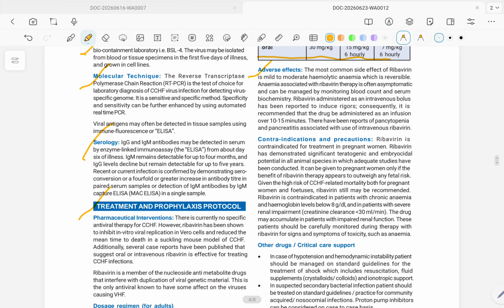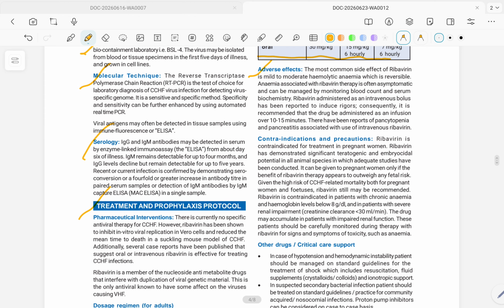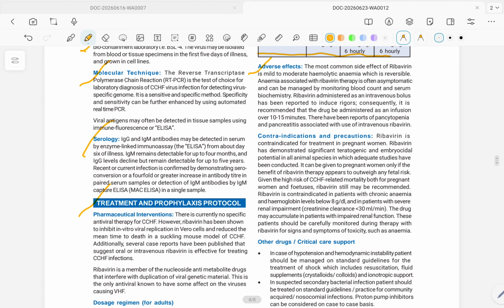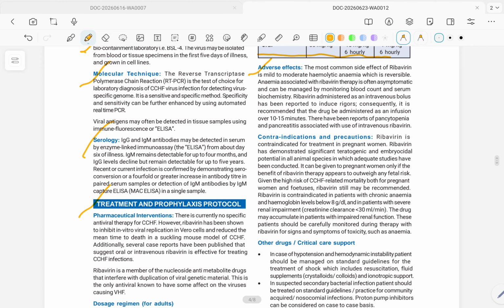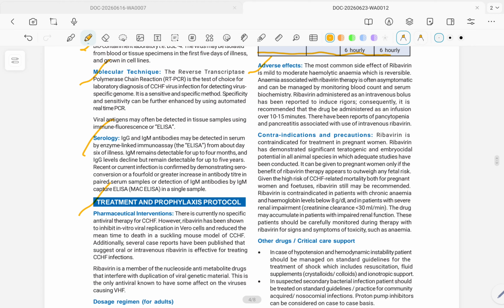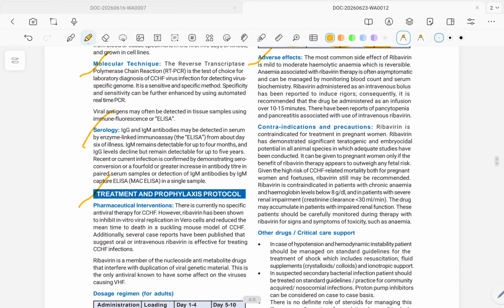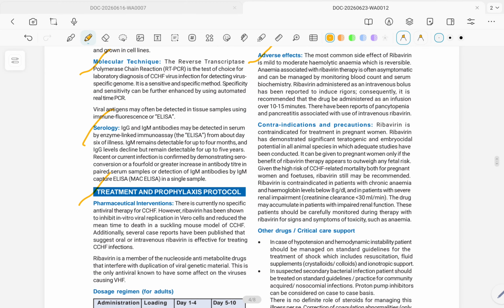Consequently, it is recommended that the drug be administered as an infusion over 10 to 50 minutes. There have been reports of pancytopenia and pancreatitis associated with use of intravenous ribavirin.